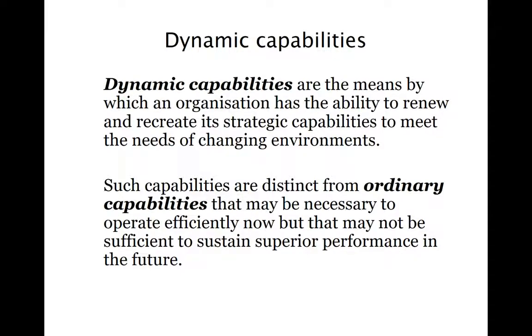It's known for its capacity of renewal, its capability to renew its operations. A huge number of mergers and acquisitions, alliances, continuously buying new companies, shutting companies down, continuously reconfiguring its resource base.